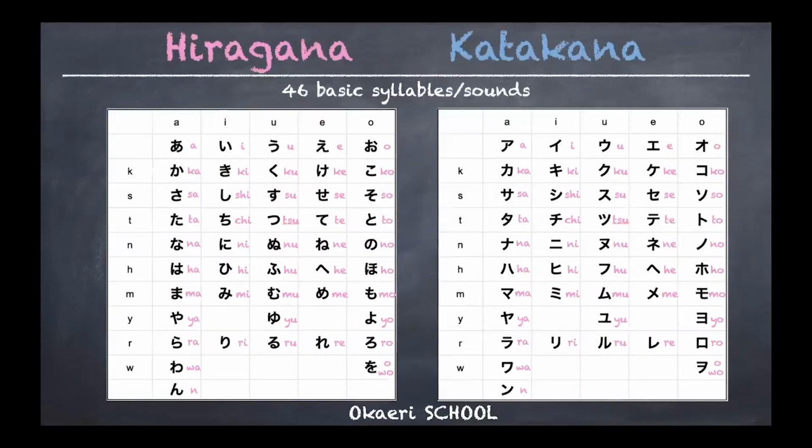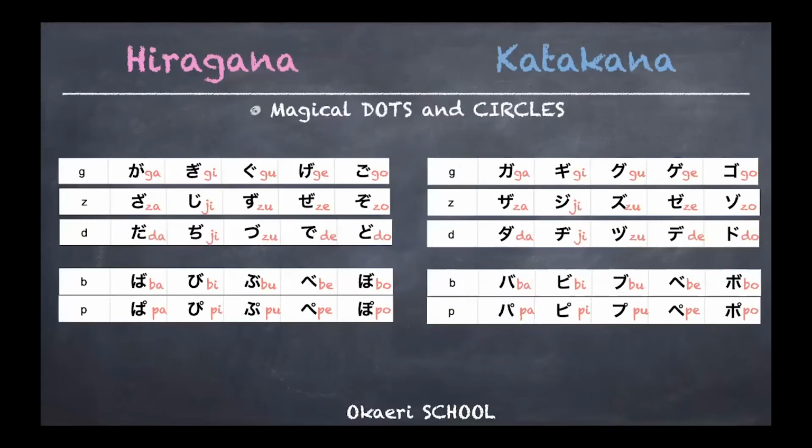And now we know the basic syllables, both in hiragana and katakana characters. And then magical dots and circles, if you remember. K sound becomes G sound, kakikukeko becomes gagigugego, and so on, both in hiragana and katakana.